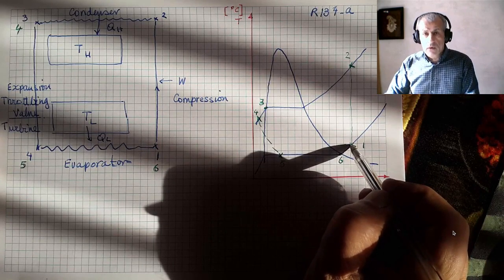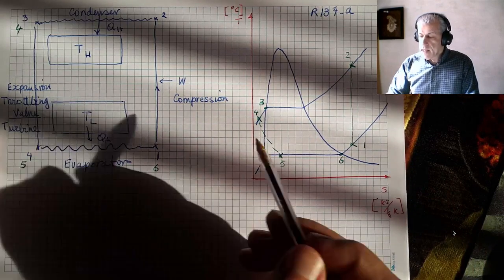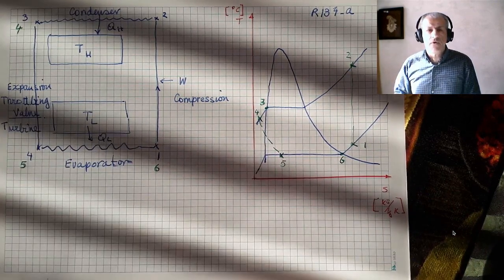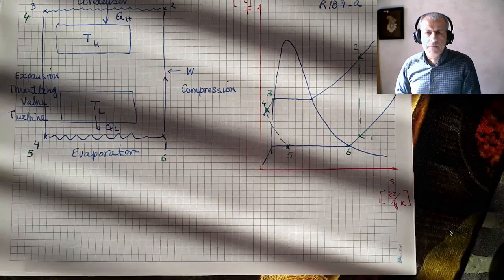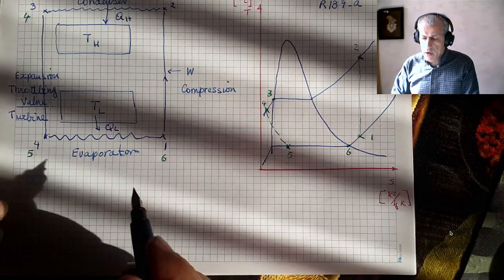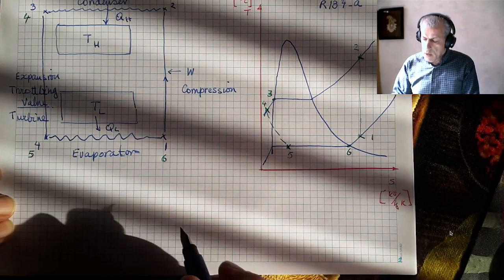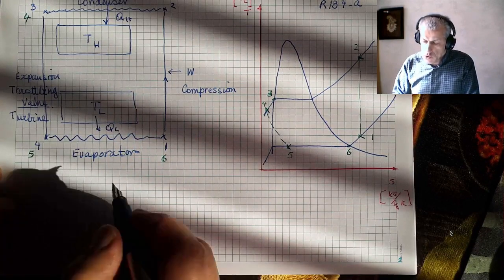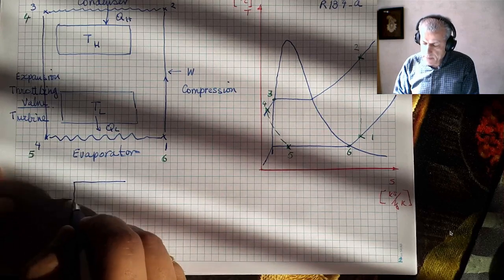What I do now is to draw both the ideal cycle and the real cycle here for you so that you would know the difference. The basic cycle that I have drawn is usually like this. There is a condenser.